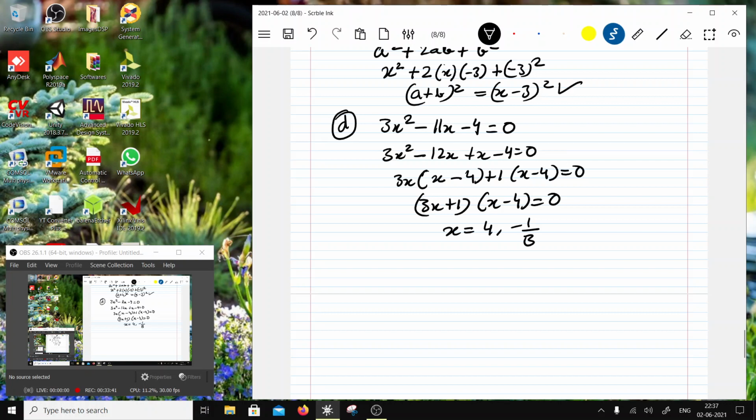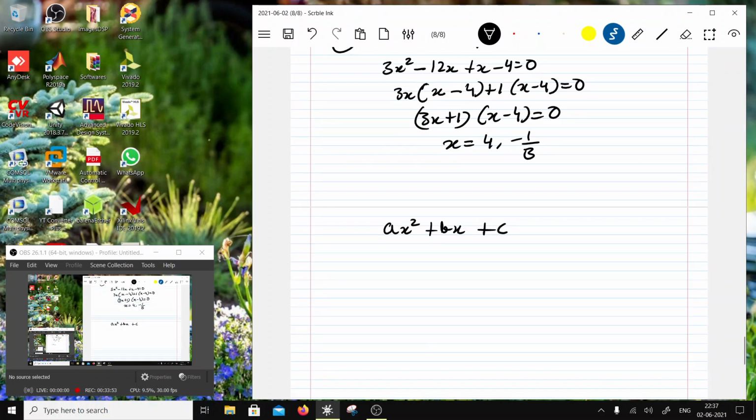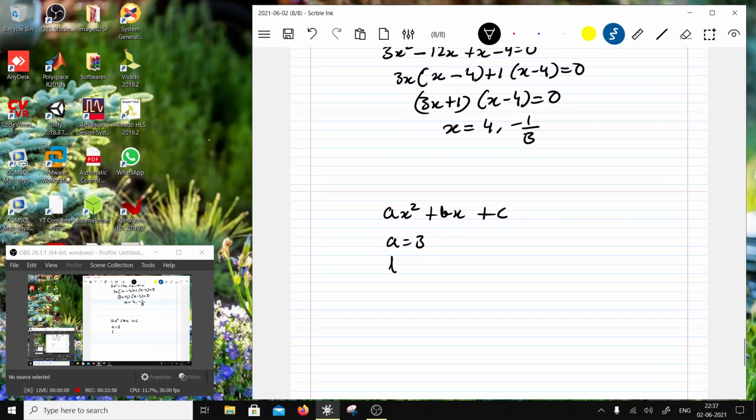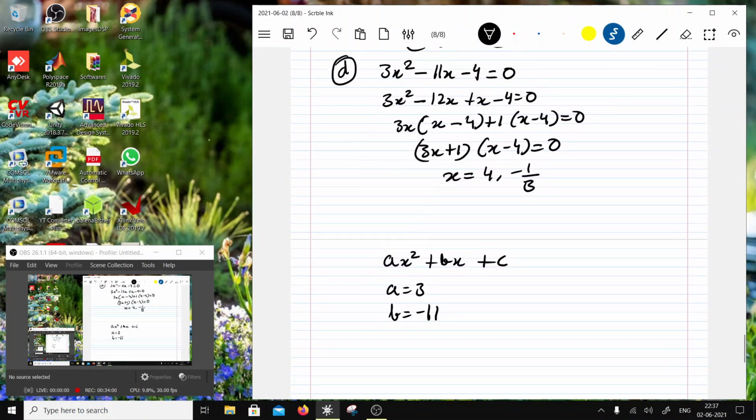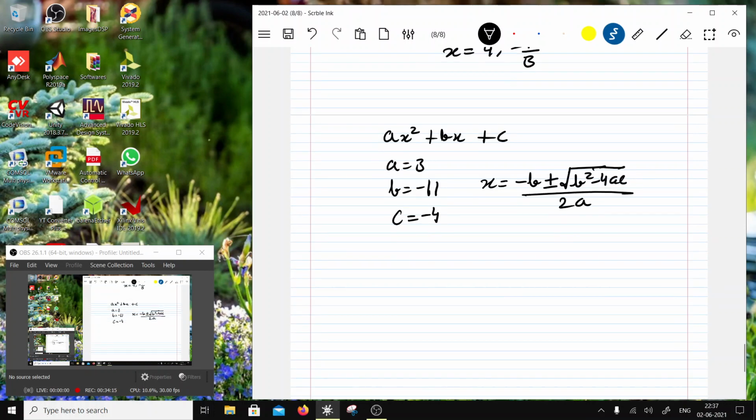Now I can solve this with the quadratic formula also. You express this as ax square plus bx plus c. So in this case, a is equal to 3, b is equal to minus 11, and c is equal to minus 4. So now the answer is going to be x is equal to minus b plus minus root of b square minus 4ac, divided by twice of a. So let's write that.